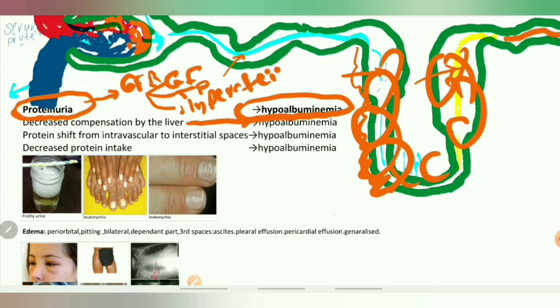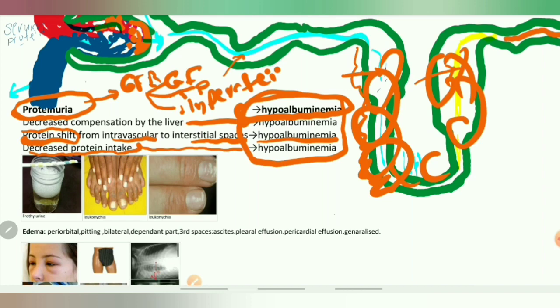Second, there is a shift of protein between the intravascular compartment and the interstitial space. Also, an anorexic patient with a chronic illness, and protein limitation as one of the measures of treatment, leads to this as well. So all these four mechanisms can result in hypoalbuminemia.